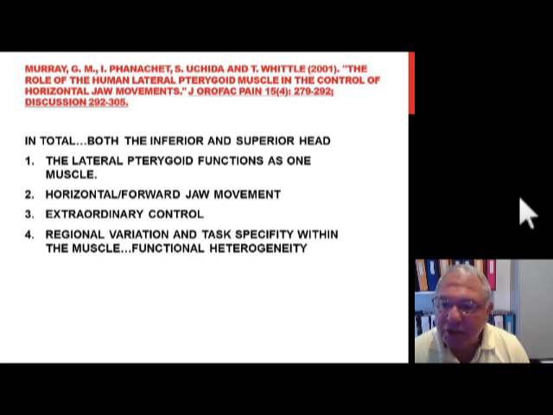And if you can understand that, most muscles are what's called task dependent.